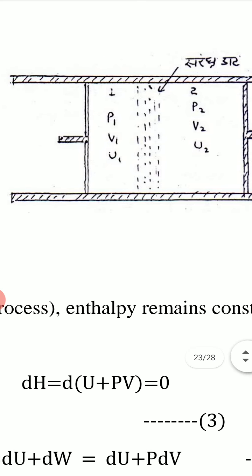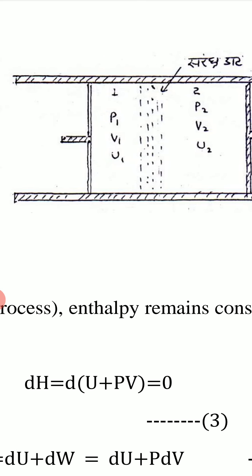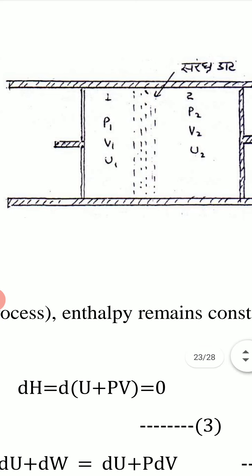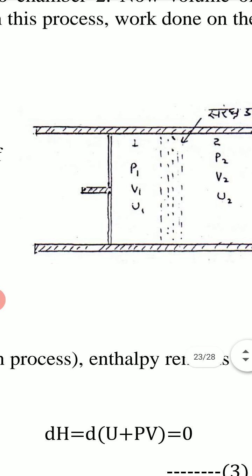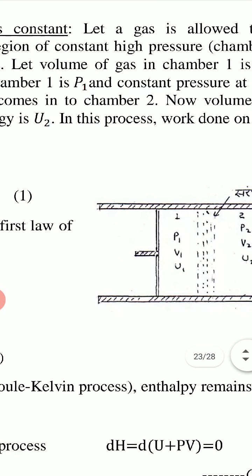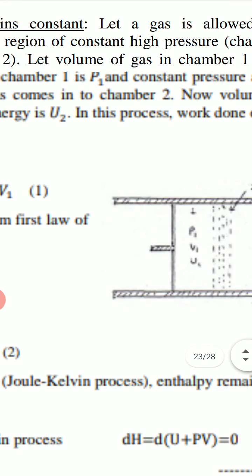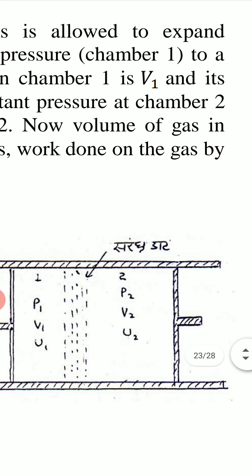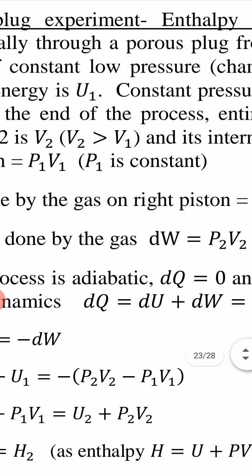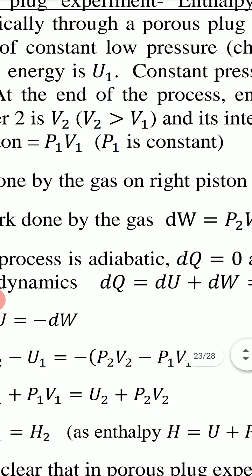Initially, the entire gas is in chamber 1 and chamber 2 is empty. Then this gas is allowed to expand through this porous plug into chamber 2. Let volume of gas in chamber 1 be V1 and its internal energy U1.